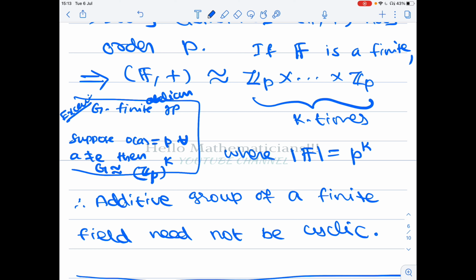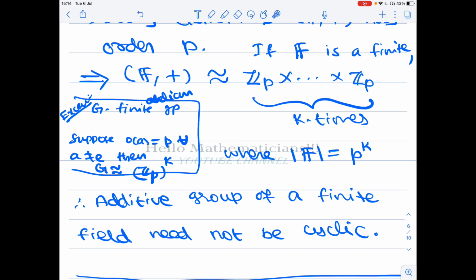In particular, this group is not a cyclic group. Why? Zm cross Zn is cyclic if and only if m and n are relatively prime. Or we just proved that in this group every element has order P, but this is a group of order P power K if there are K factors.